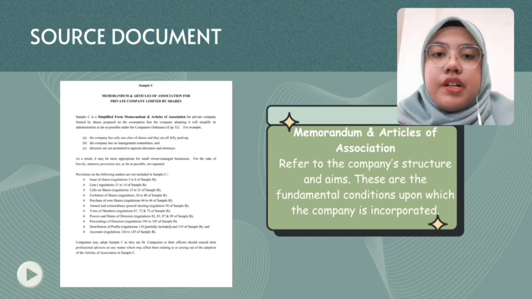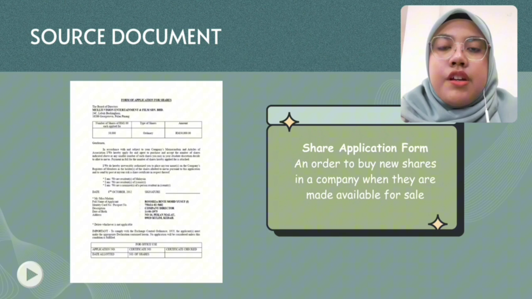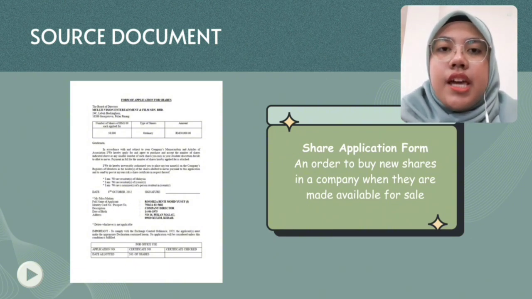It refers to the company's structure and aims. These are the fundamental conditions upon which the company is incorporated. The last source document for equity is share application form. A share application form is an order to buy new shares in a company when they are made available for sale.